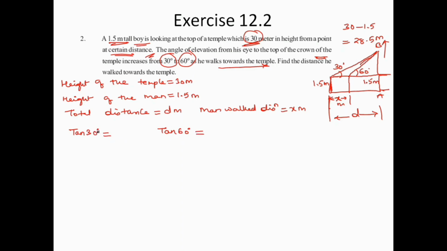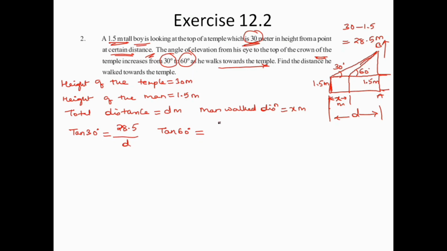Wherein for 30, the opposite side of this one is 28.5 meters by the adjacent of that one. That is your p value.